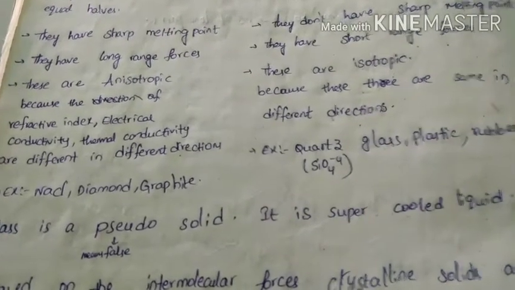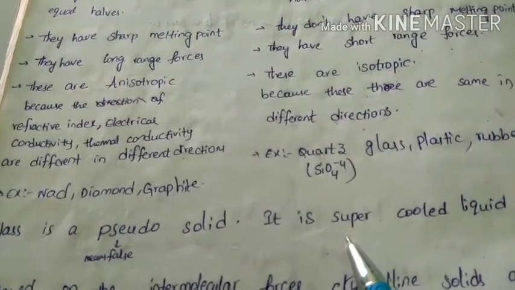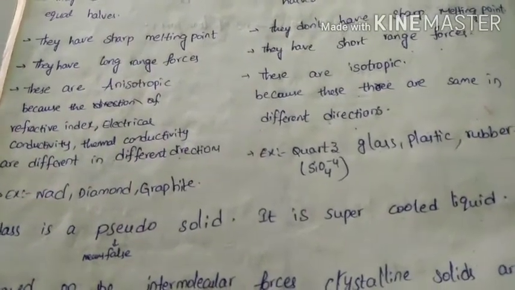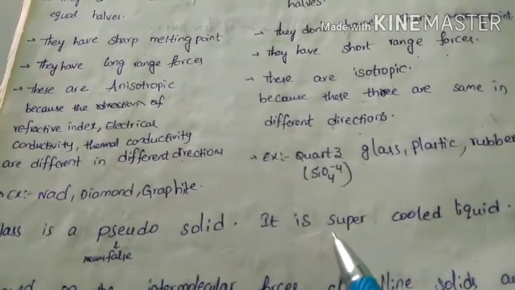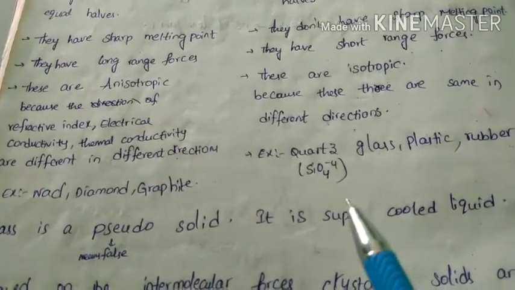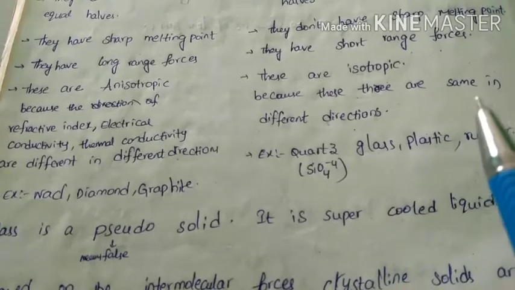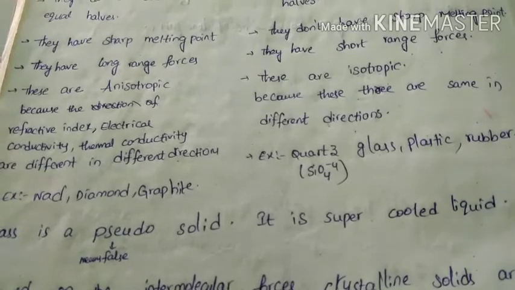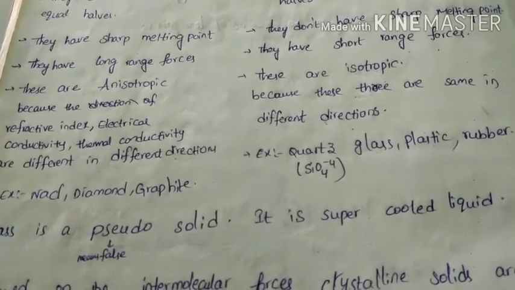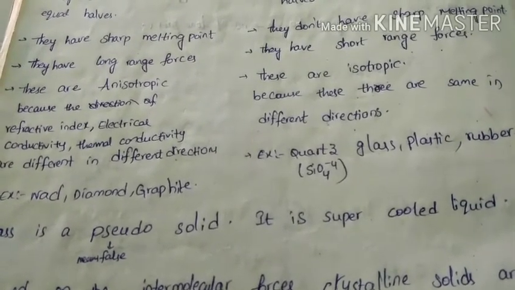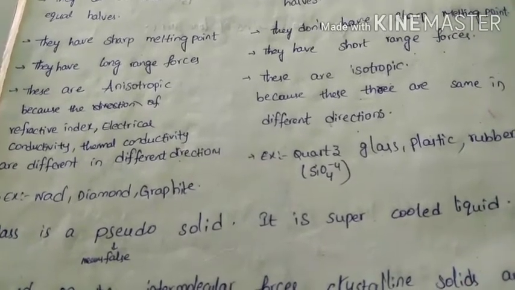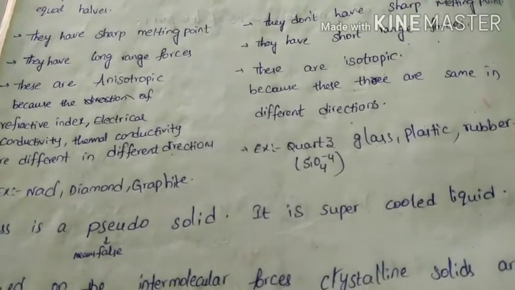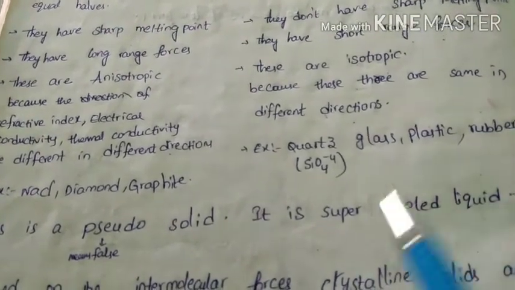It is a super cold liquid because after some time the particles which are present at the top of the glass move slowly to the bottom. Then the size of the glass at the top decreases and the size of the glass at the bottom increases because particles are moving from top to bottom slowly.